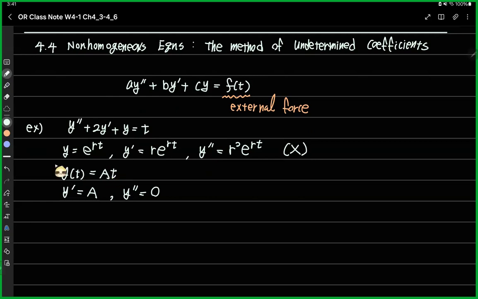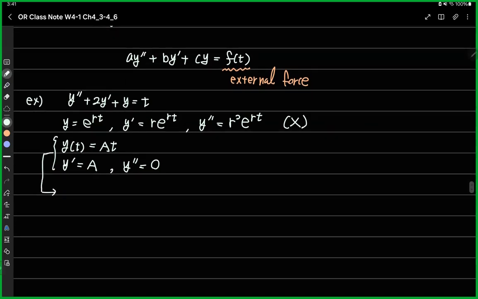Let me try. Then the second derivative is 0, plus 2 times y prime, which is just a, plus at is equal to t.